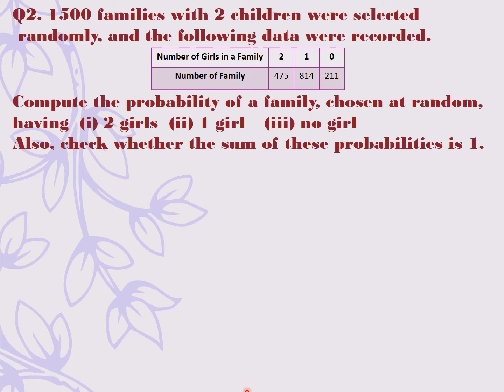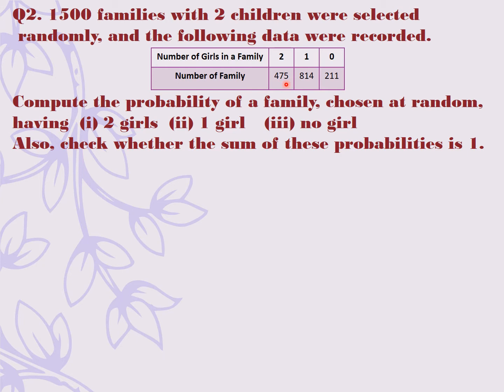Before we start solving, let's look into the given table. The first row contains the number of girls in a family. So there can be no girls, 1 girl or 2 girls. Then the number of families. So from this data we can understand that the number of families having 2 girls is 475.